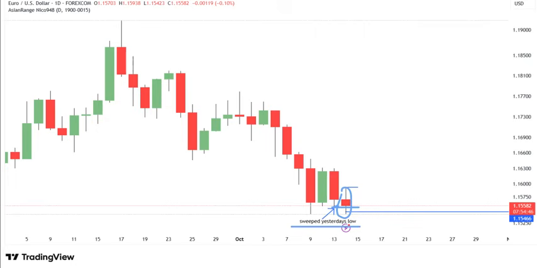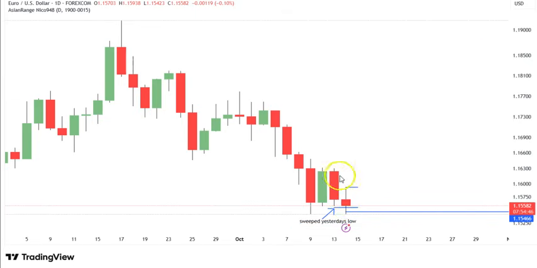If the market sweeps yesterday's lows, especially in this kind of bearish downtrend, then your idea is to look for possible shifts of market structure on the lower time frames in order to trade a potential bounce back up higher.